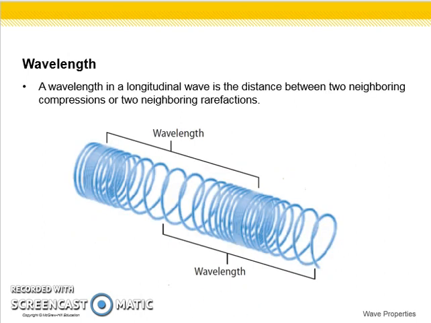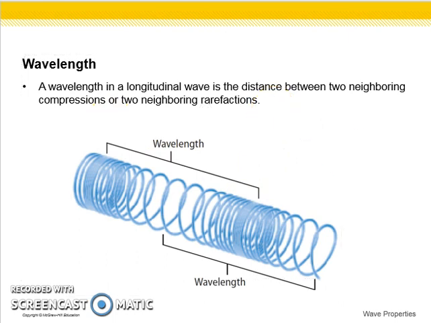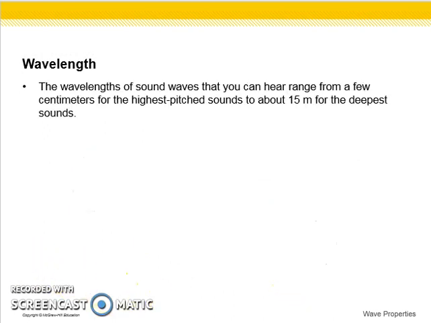And for a wavelength in longitudinal waves, we measure from the distance between the two neighboring compressions, which is here and here, or between the rarefaction and here. And of course, those examples are in your book on page 280 as we learn and read more about wavelength.